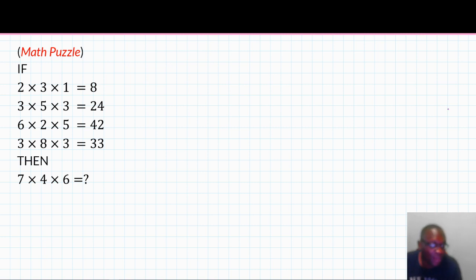Okay, so this is what we have. Two multiplied by 3 multiplied by 1 is 8. 3 multiplied by 5 multiplied by 3 is 24. 6 multiplied by 2 multiplied by 5 is 42. 3 multiplied by 8 multiplied by 3 is 33.